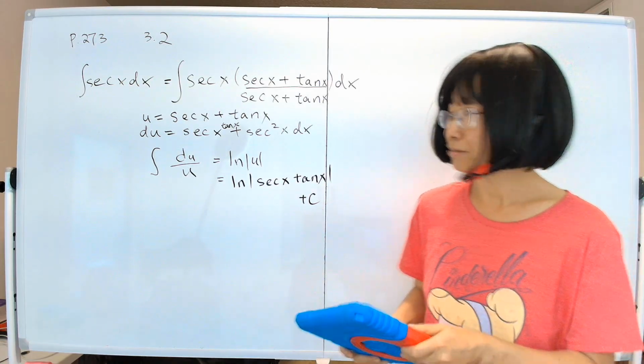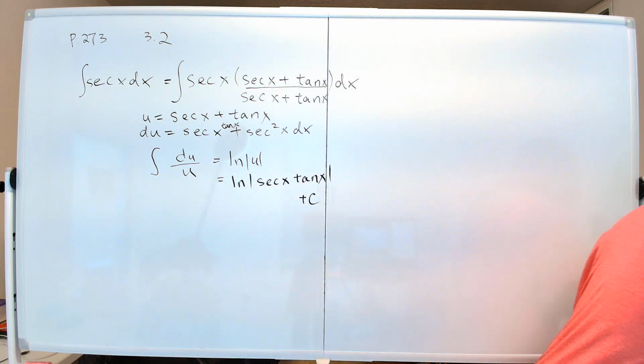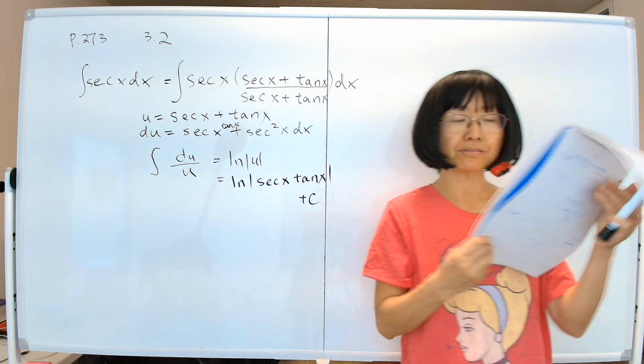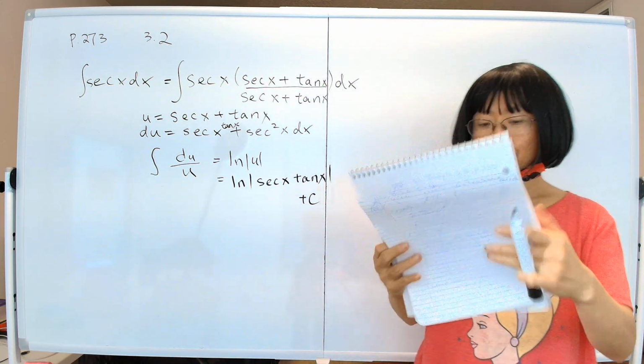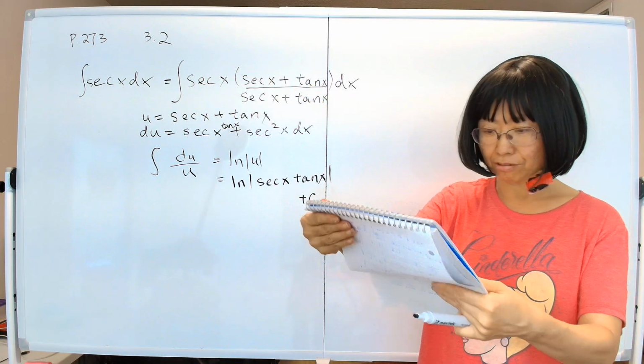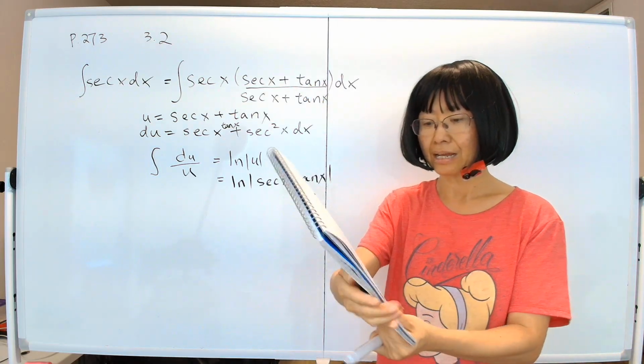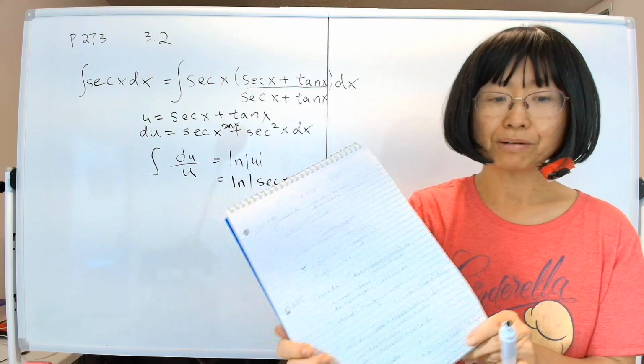Now that we have talked about this, I also want to mention the integral of the cosecant. The cosecant will be proven in an almost identical way, which I have written down here, and it looks practically the same.